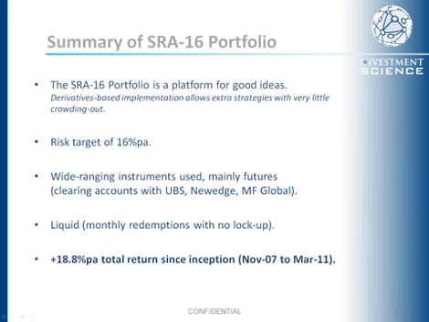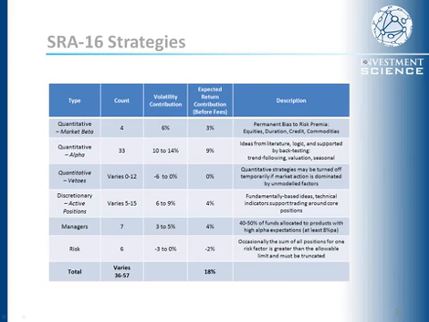It is a liquid fund, monthly redemptions with no lockup, that will soon be weekly, and plus 18% per annum total return since inception. That was an update of an old slide.